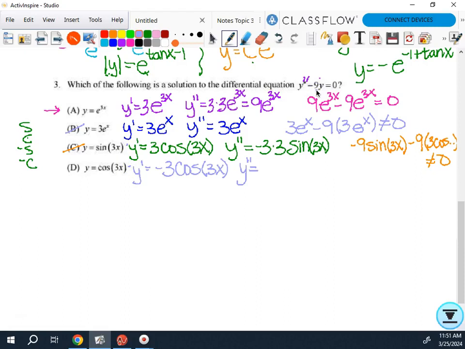But here, the derivative of cosine is negative sine, that's already negative, so it's positive 3 times 3 times the sine of 3x. And then that means we have y double prime, which is 9 times the sine of 3x minus 9 times negative 3 cosine of 3x, and that also does not equal 0. There you go.